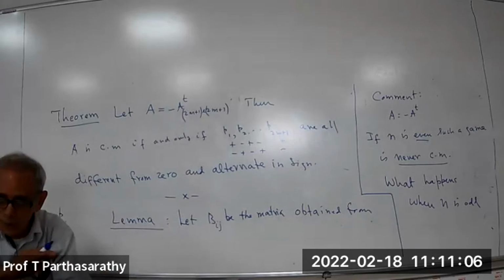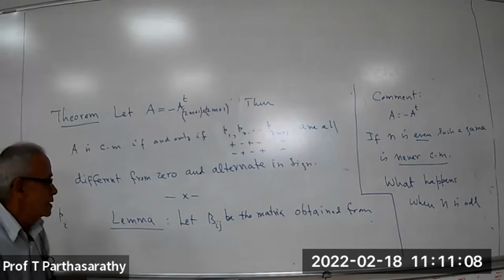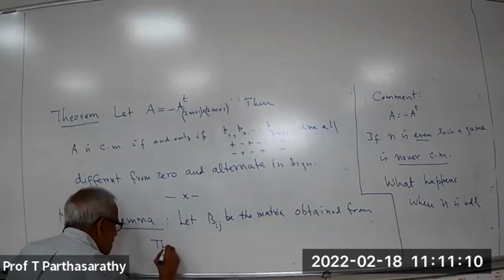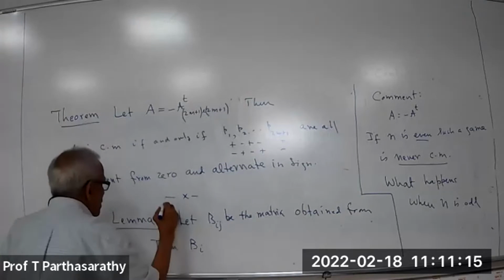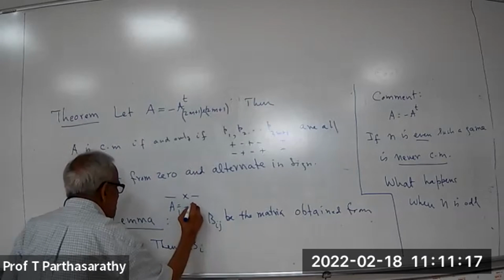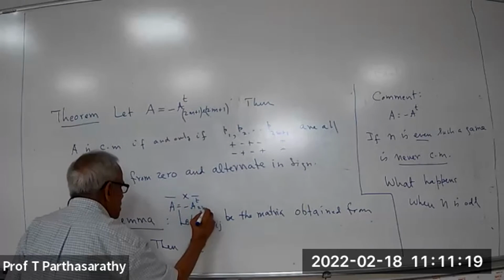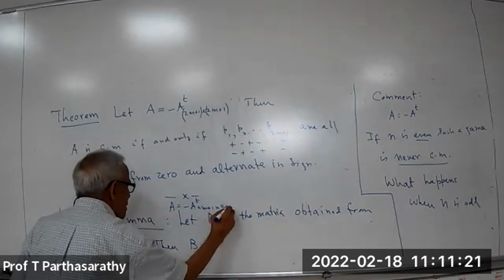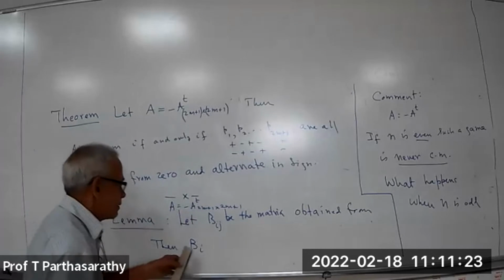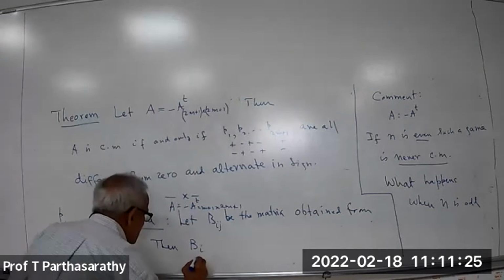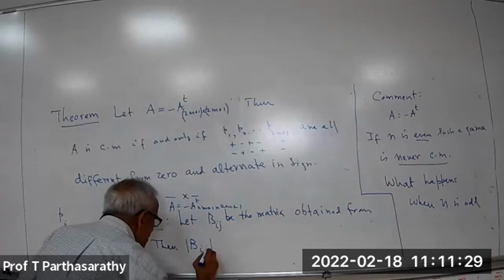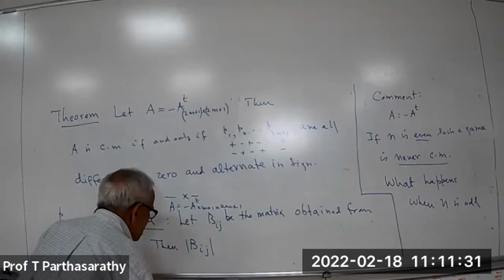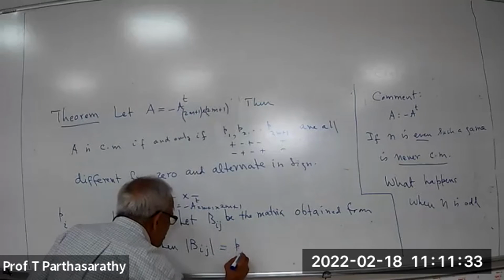Then, with A equals minus A transpose, order 2m plus 1 cross 2m plus 1, the determinant of Bij is nothing but Pi Pj.